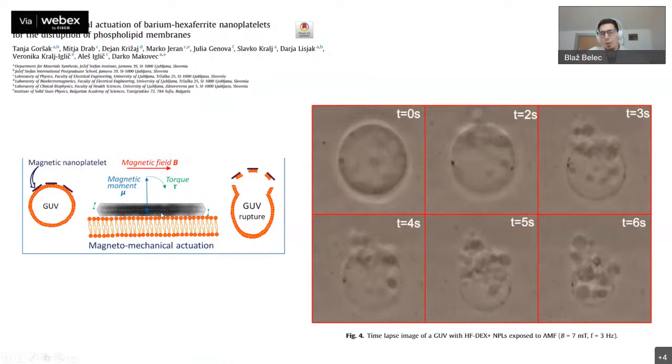This is an already published paper where they successfully broke the membranes of phospholipids with such magnetic nanoparticles. As we can see, in even 6 seconds, the phospholipid is completely destroyed.